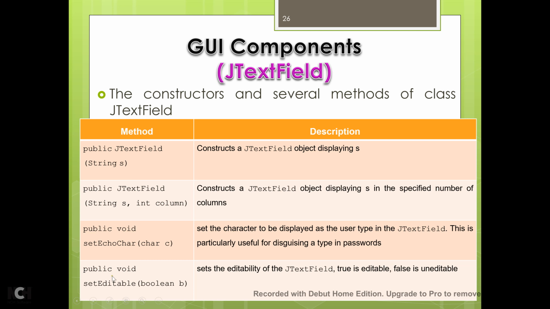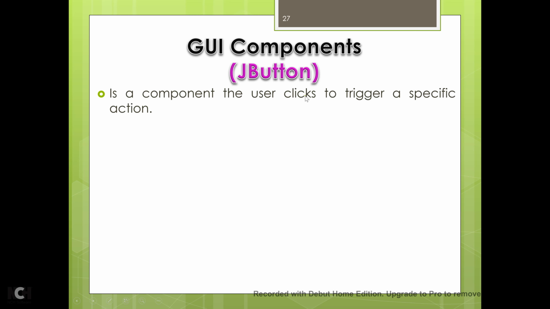Next is about the JButton. Of course, I'm sure you have been using a lot of buttons when you use certain applications or systems. It is a component that the user clicks on to trigger a specific action. Most of the time, when you click on a button, it will perform something.